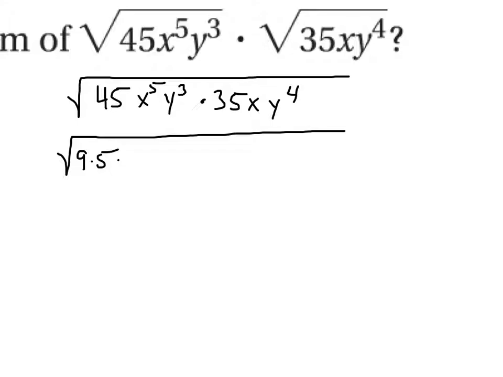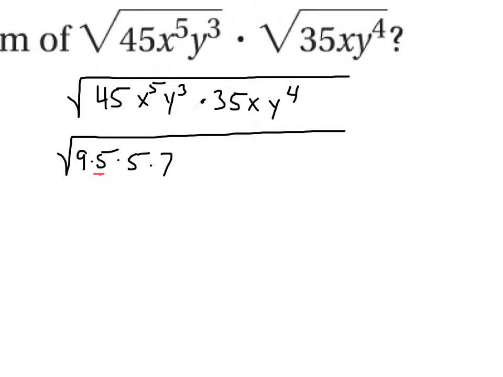Let's look over at the 35. So 35. Is there a perfect square that can be factored out of 35? Okay, 7 and 5 is the only way it factors. Neither of those are perfect squares. But yes, 7 and 5 is the only way it factors, and notice we already have a 5 here. So I do want to write it as 7 times 5.